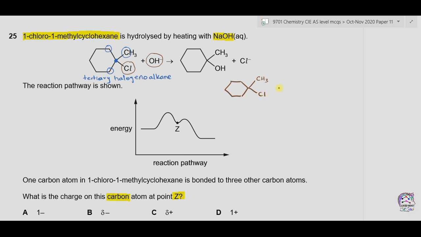In the first step, a carbocation is formed. In the second step, the carbocation will react with OH negative to form the substituted product.